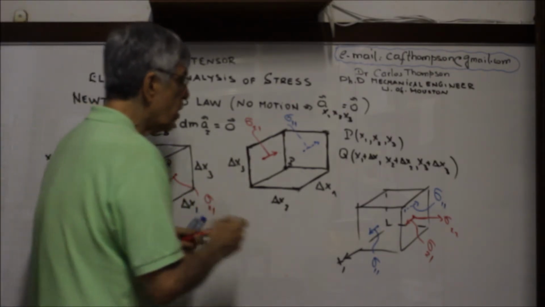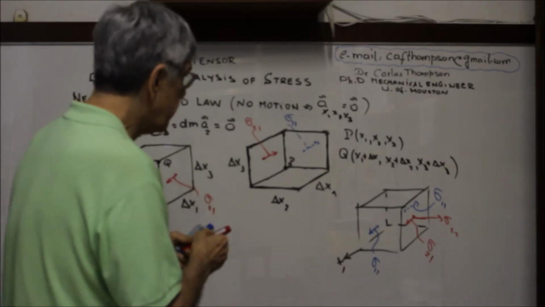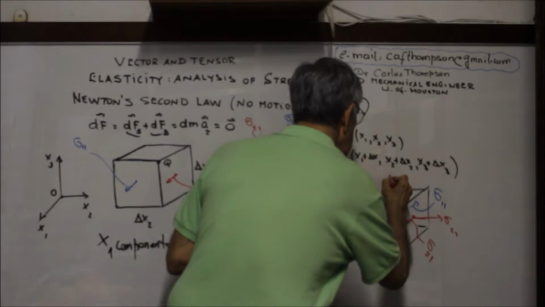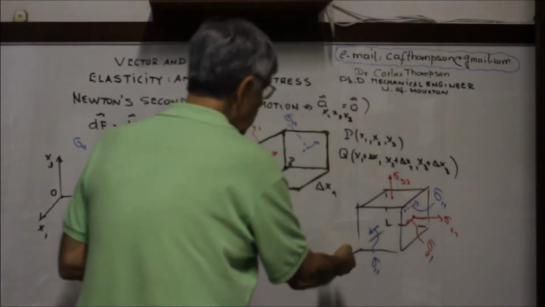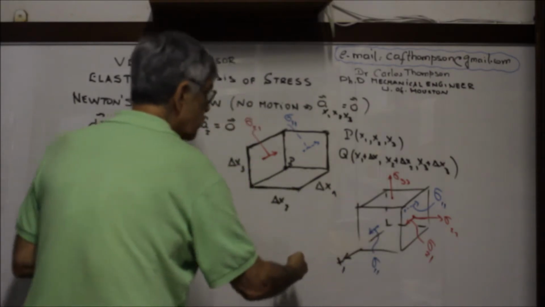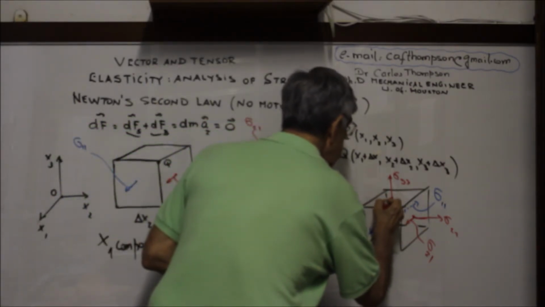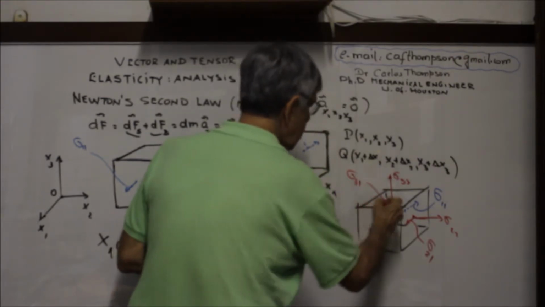We need 2 more. Let's consider this face over here. Here is sigma 3,3, but we don't want that. We want the component in the x1 direction, so this will be sigma 3,1.